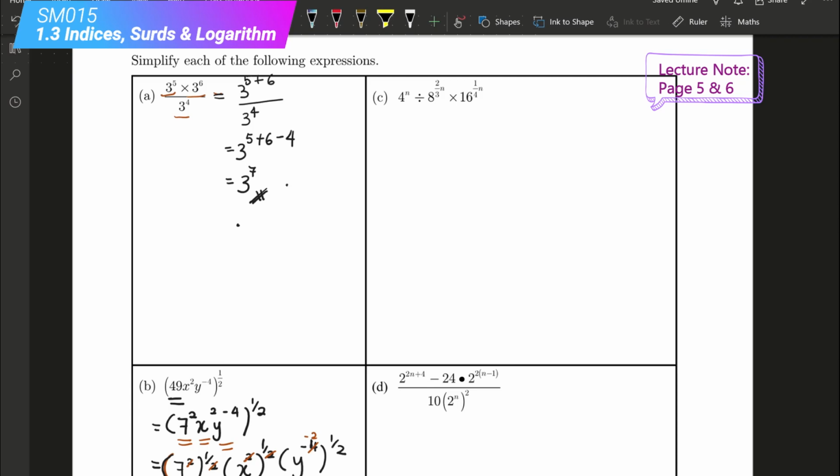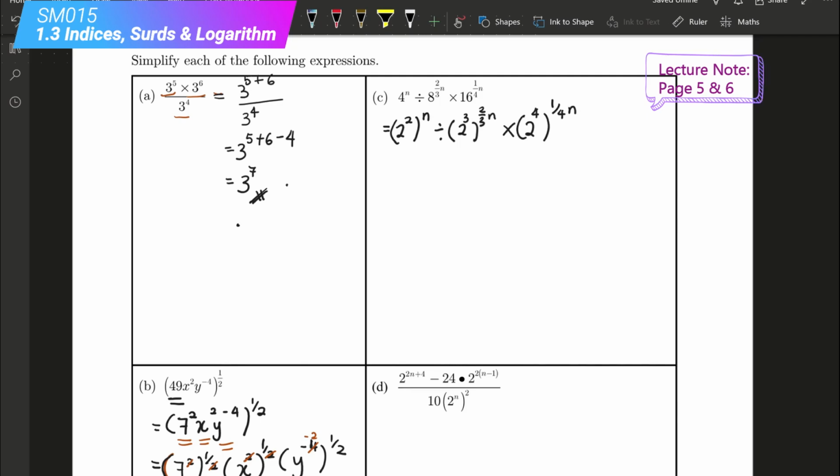For 4, we have 2 to the power of 2. For 8, we have 2 to the power of 3. Yes, 2 to the power of 3 becomes 8. If you're not sure, please use your calculator. For 16, we have 2 to the power of 4.